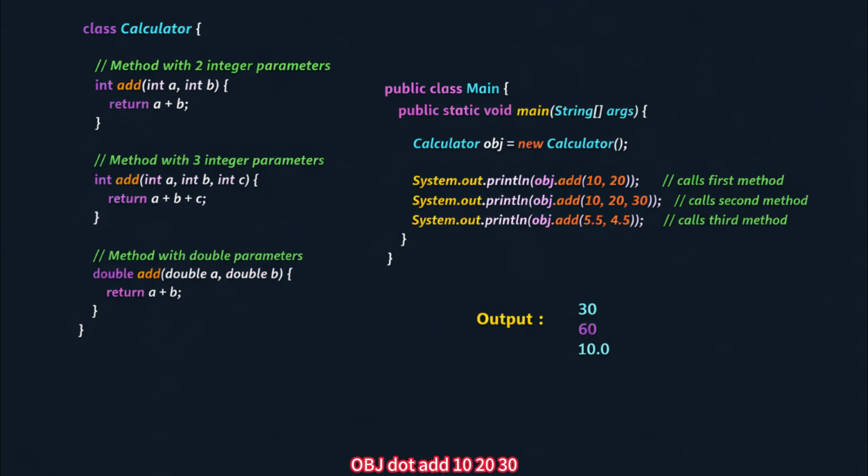Next, when we write obj.add(10, 20, 30), this calls the method with three integer parameters, adds all three numbers, returns 60, and prints 60. Next, when we write obj.add(5.5, 4.5), this calls the method with two double parameters, adds 5.5 and 4.5, returns 10.0, and prints 10.0.